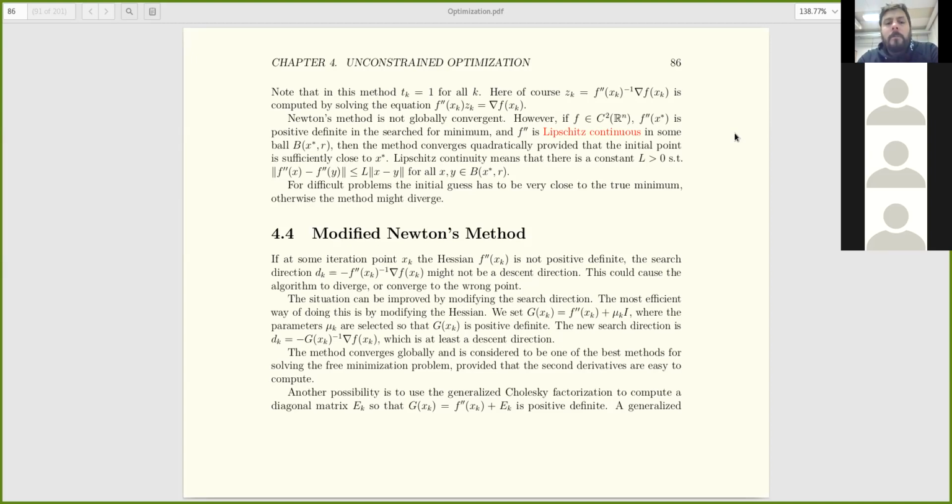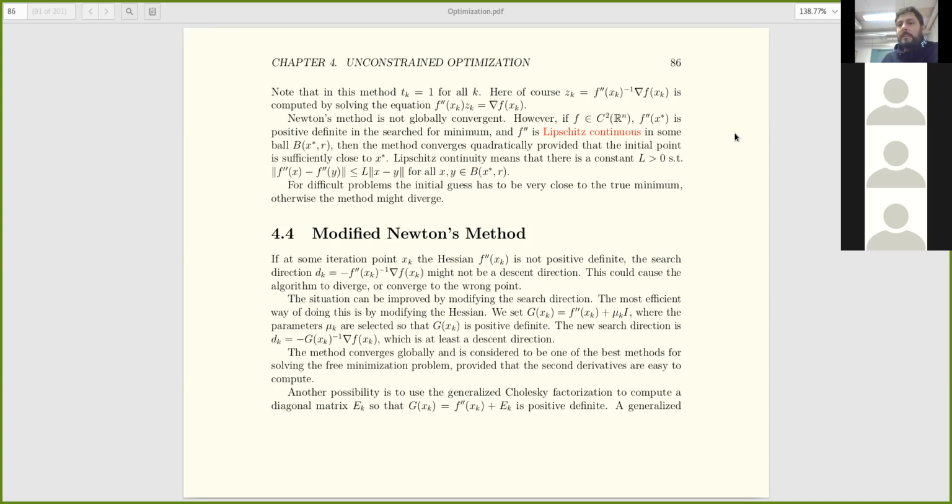There is also a possible way of tinkering with it even a little bit more, so that you compute a diagonal matrix where, instead of having just all around shifting of the eigenvalues, you fix each of these directions separately, or each of these diagonal elements separately, to make it positive definite.